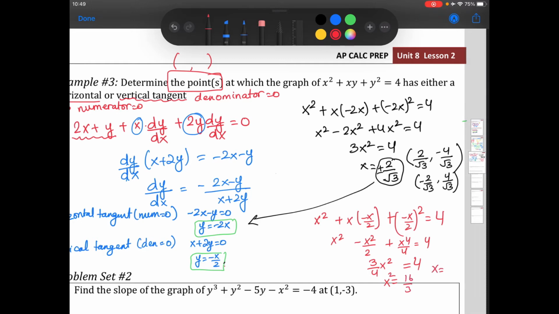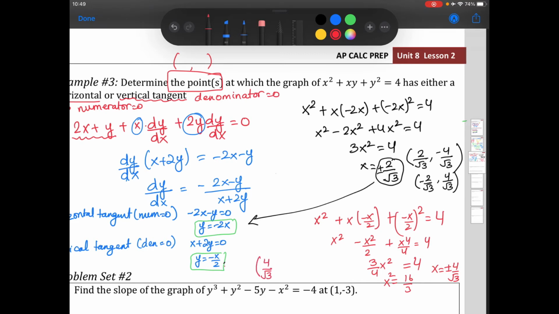So x will be what? Plus and minus 4 over rad 3. So since x is 4 over rad 3, I'm going to substitute into the equation. So what will be my 2 points? It'll be 4 over rad 3.